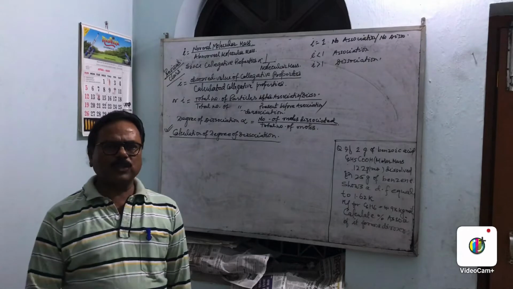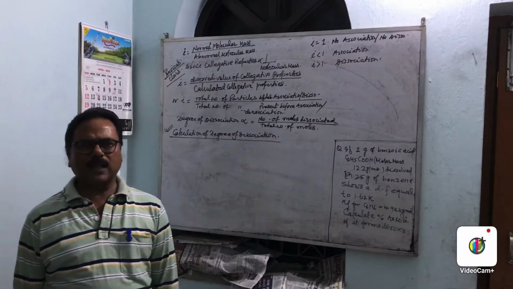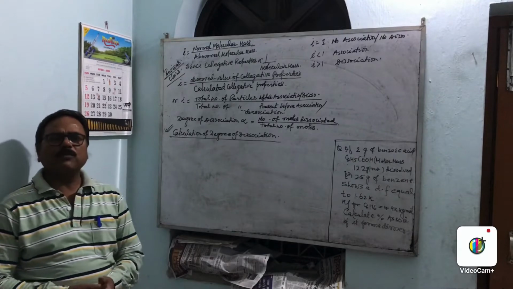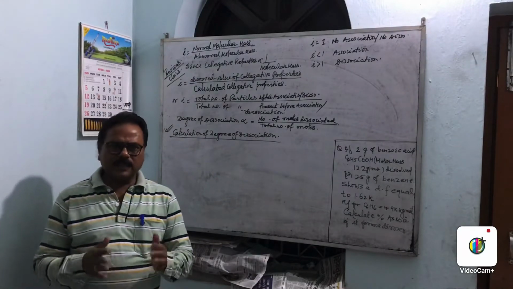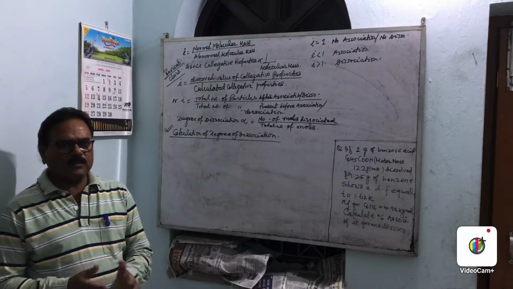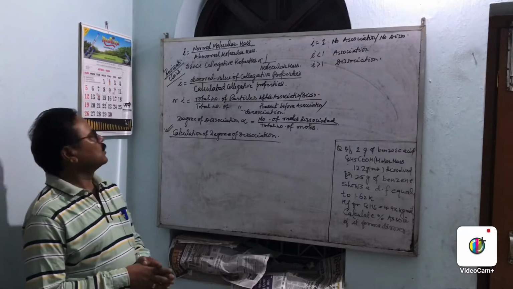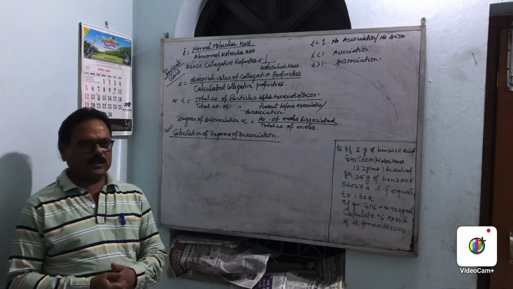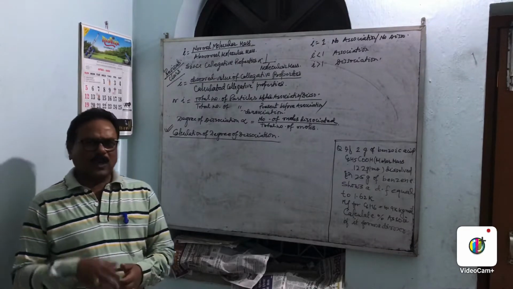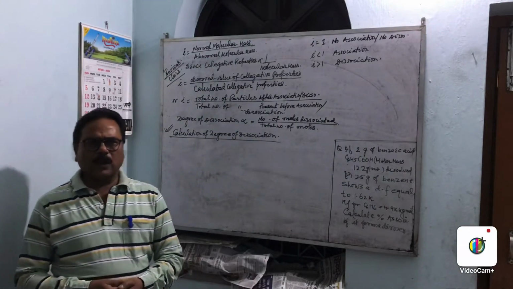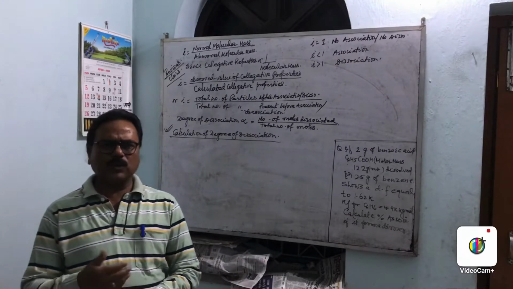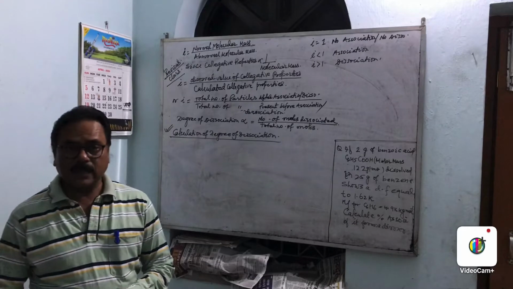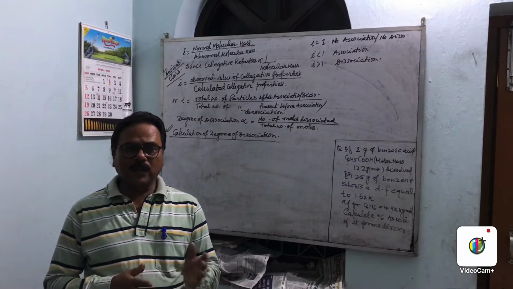In the previous class we defined the Van 't Hoff factor. It is represented by i, and it is the normal molecular mass divided by the abnormal molecular mass. I took an example of the association of acetic acid and the dissociation of KCl, and calculated the i factor.